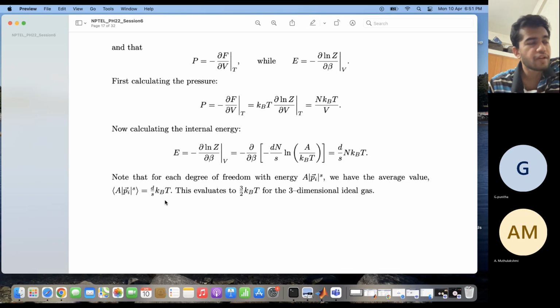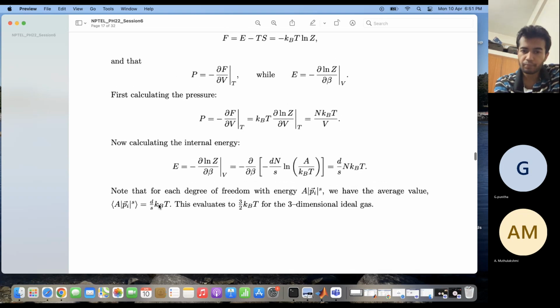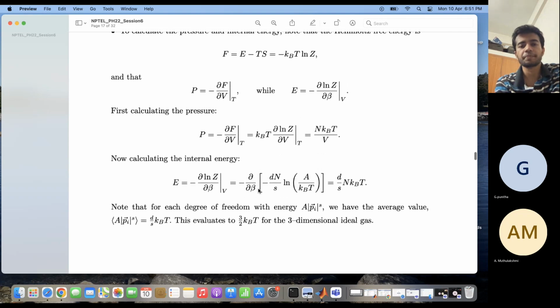So each degree of freedom has an energy d by s kBT. So if it was a three-dimensional ideal gas, then it would be 3 by 2 kBT. And so basically the amount of energy that goes into each degree of freedom depends on these two factors. One is the d, that is the dimension of the space I'm working in, and the other is the s, which is the power of the momentum in the energy equation.